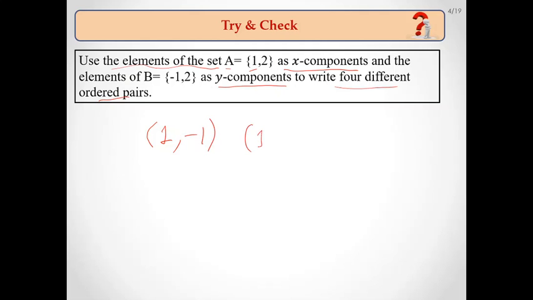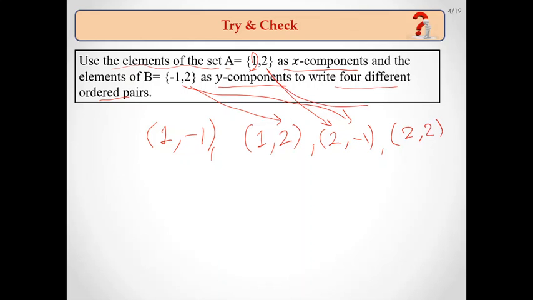X component, again, 1, and Y component this time from B, it's 2. And again, I can take 2 from A, and -1 from B, and then 2 from A and 2 from B.